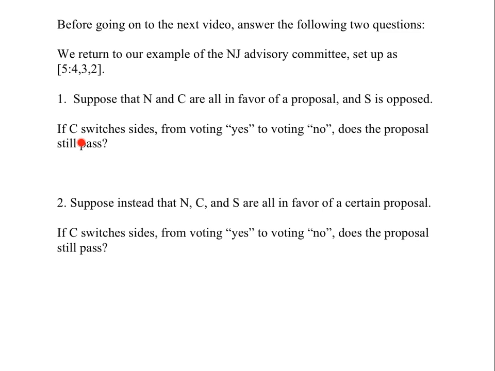If Central Jersey switches sides from voting yes to voting no, does the proposal still pass? And the second question is, suppose instead that all three are in favor of a certain proposal. Now, if C switches sides from voting yes to voting no, does the proposal still pass?